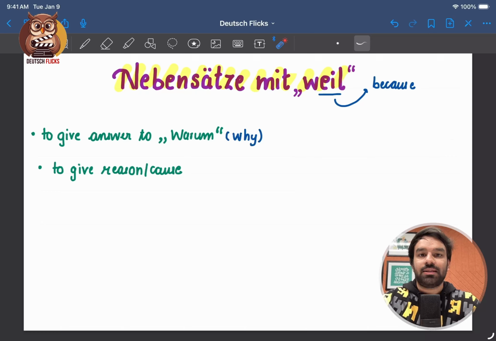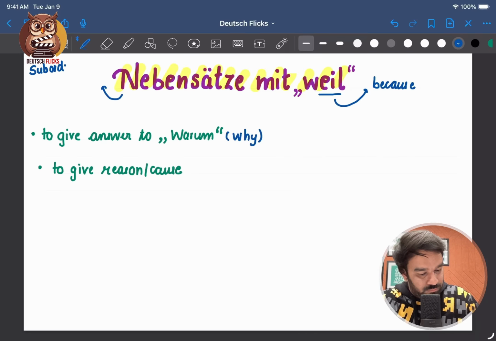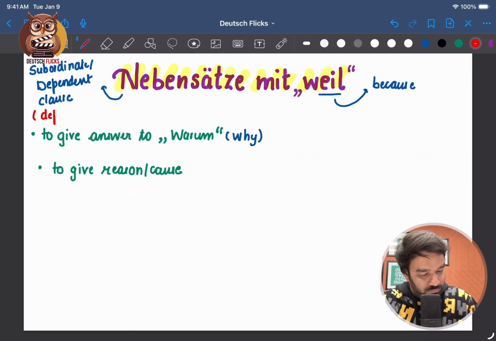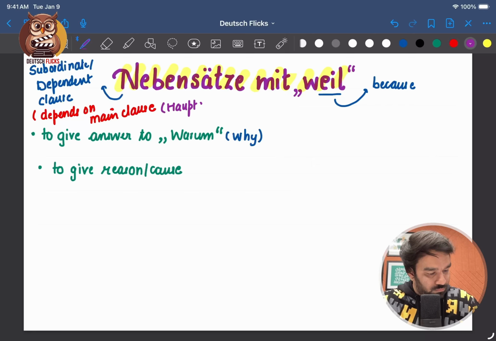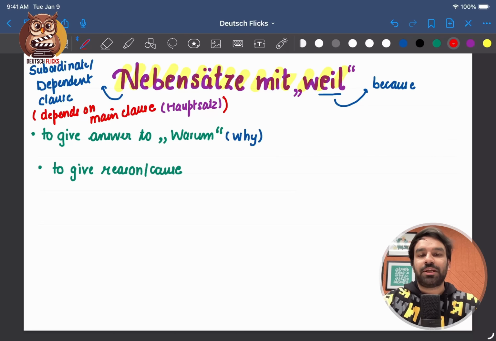Now you can see the sentence because I am tired is dependent on the main clause, which is I haven't done my homework. So subordinate clauses cannot stand alone. They depend on the main clause, which is called Hauptsatz in German.